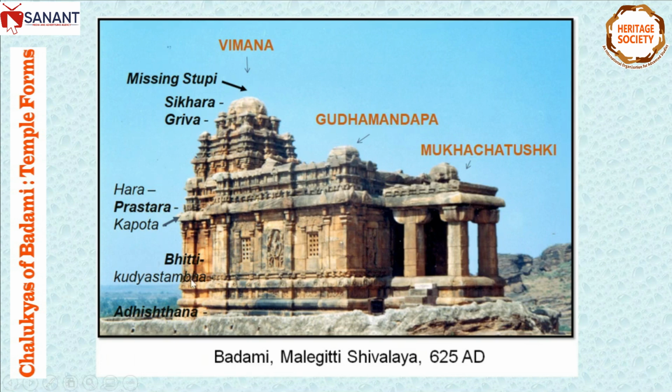Principal components, and you have certain Dravidian features, as I call this. Kudyasthamba, for example, these small pilasters which you see on the walls, these are called Kudyasthambas, and they are a distinct feature of the southern temple tradition. And again, this Prastara with Hara is a very distinct element of the southern temple, and it consists of what we call the edicules of Kuta, that Draupadi temple you might remember.